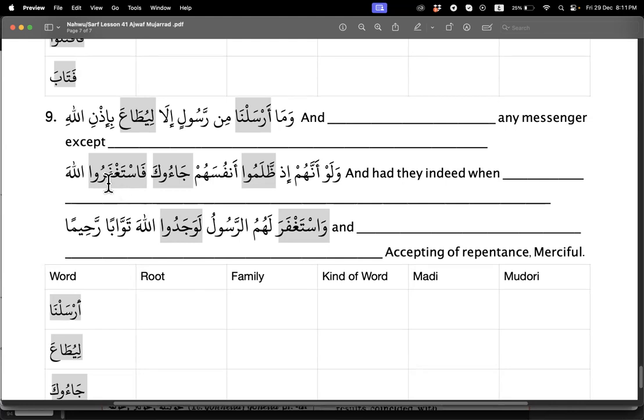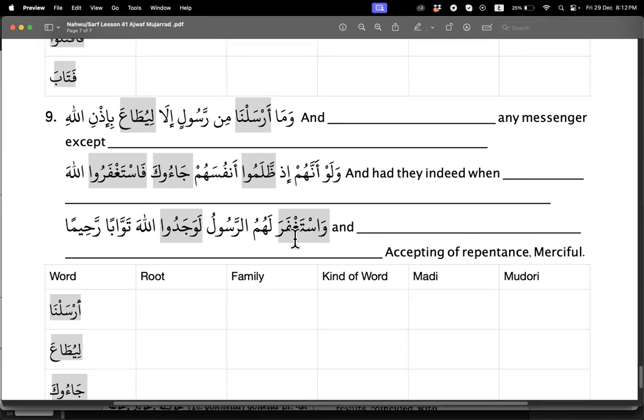Good. And then lafzu jalalah will be the maf'ulun bihi of the fi'il istaghfaru. So translation then? So they ask forgiveness from Allah. Yes, correct. Had they come to you, then they ask forgiveness from Allah.